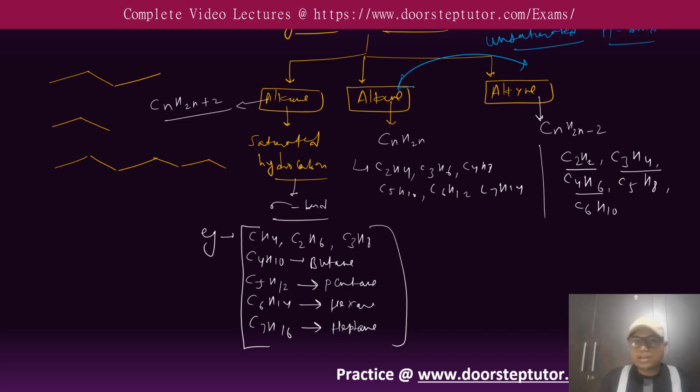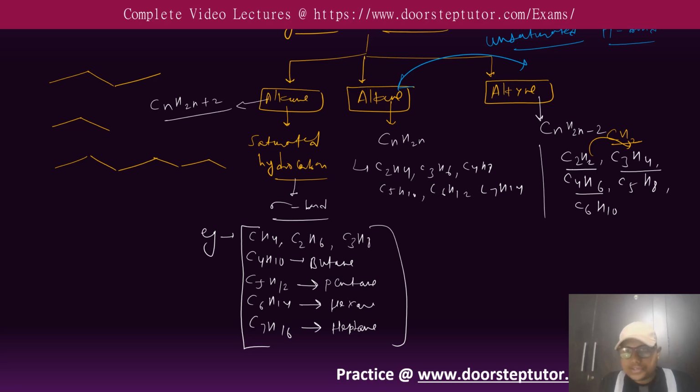You can observe one relation here as well. The next homologous compound of the alkyne has a difference of a CH2 group. So you can easily make the formula of the next alkyne. It has C2H2 as the formula.